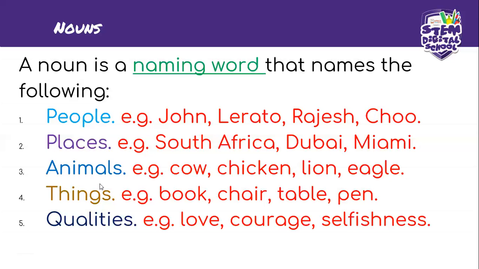Number three, a noun is a naming word that names animals. For example, we have cow, chicken, lion, and eagle. So all these are animals, and those examples are nouns.